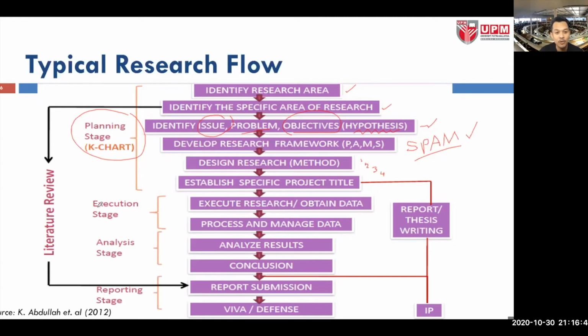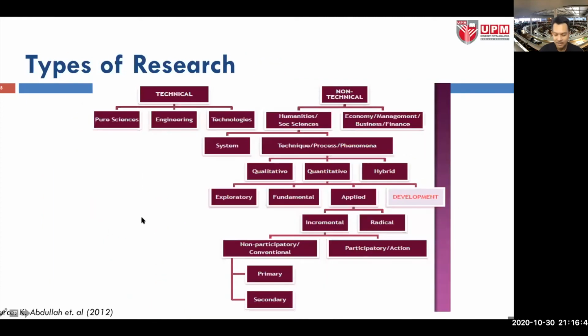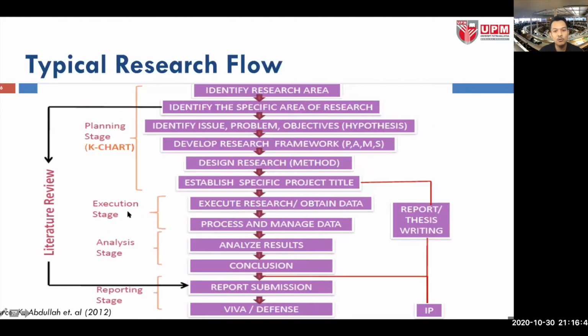Of course, we are not going to do research yet, because that one you are going to do in your dissertation. You're going to implement your planning. You're going to execute your stage, doing the analysis and reporting stage, right? Then later you're going to execute and obtain the data, but not in this research methodology class.